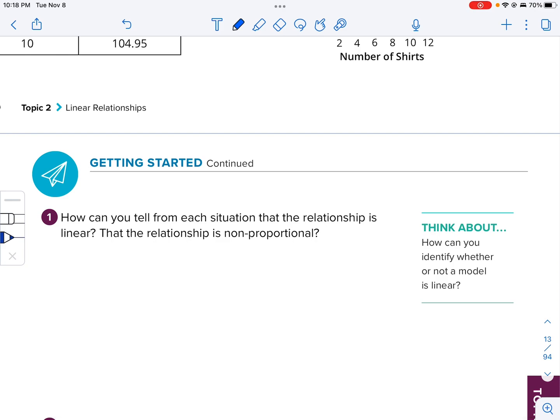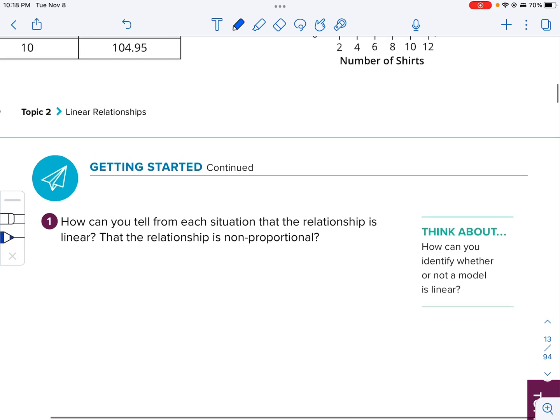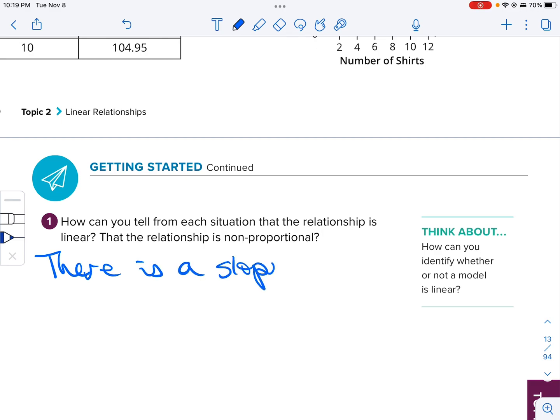How can you tell from each situation that the relationship is linear? There is a slope that doesn't change.